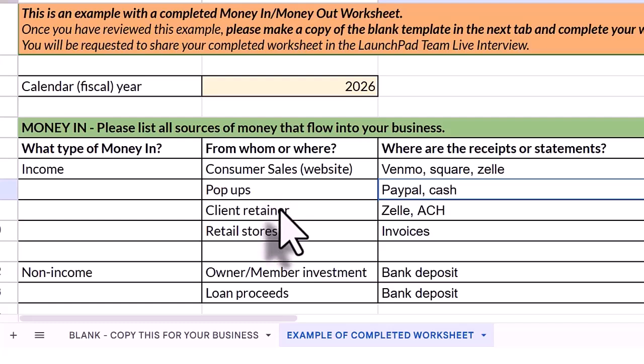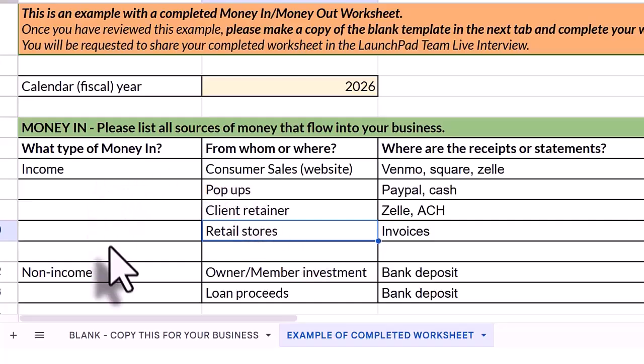We also sell to clients directly, and when we do, we ask them to send us a retainer through Zelle or possibly ACH. And we also have retail brick and mortar sales, and for those particular customers, we send them an invoice through our online electronic invoicing system.